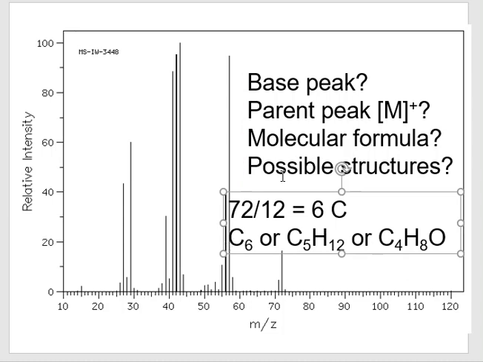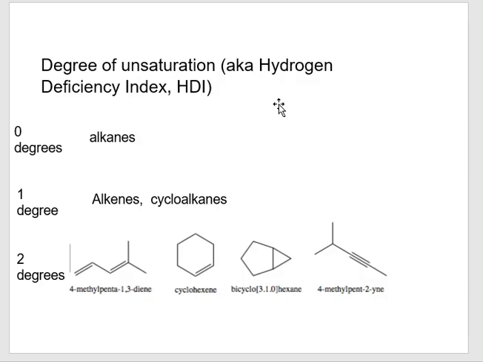Now, if you wanted to draw a structure of this, it's nice to have a little bit more of an idea of whether there are double bonds or something else in there. So we can use a formula called the degree of unsaturation, or the hydrogen deficiency index. And we actually already have done this before.